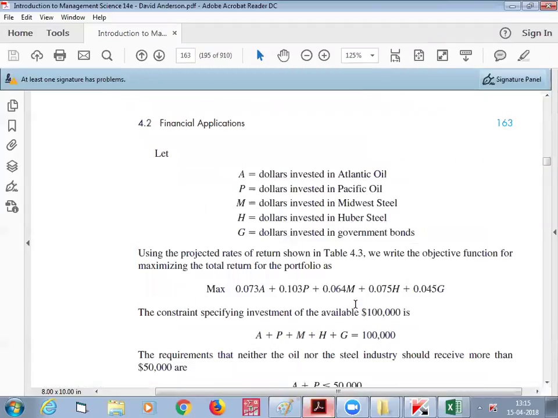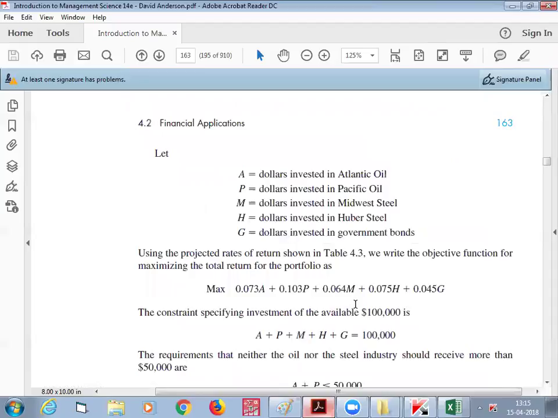Of course, how much we're investing in each alternative are the variables. So A, P, M, H, and G. The investment in each of the alternatives. And we're trying to maximize the total return. So we use the projected rates of return multiplied by the corresponding investment.